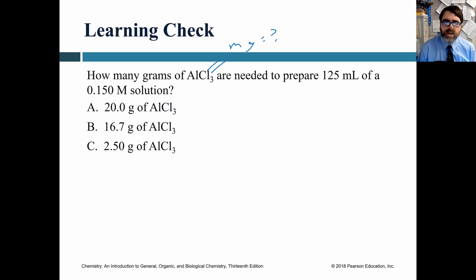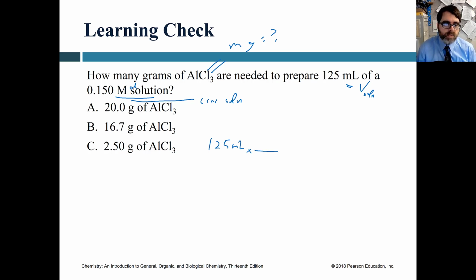This one here, we want to solve for mass of AlCl3, and we want to prepare 125 milliliters. That's our volume of solution. And here we are given a concentration of solution. So I'm going to start with the 125 milliliters.